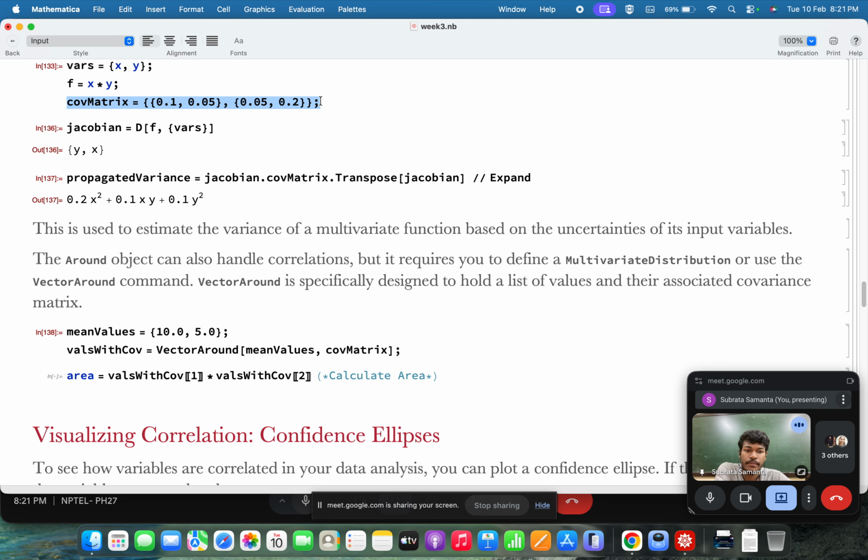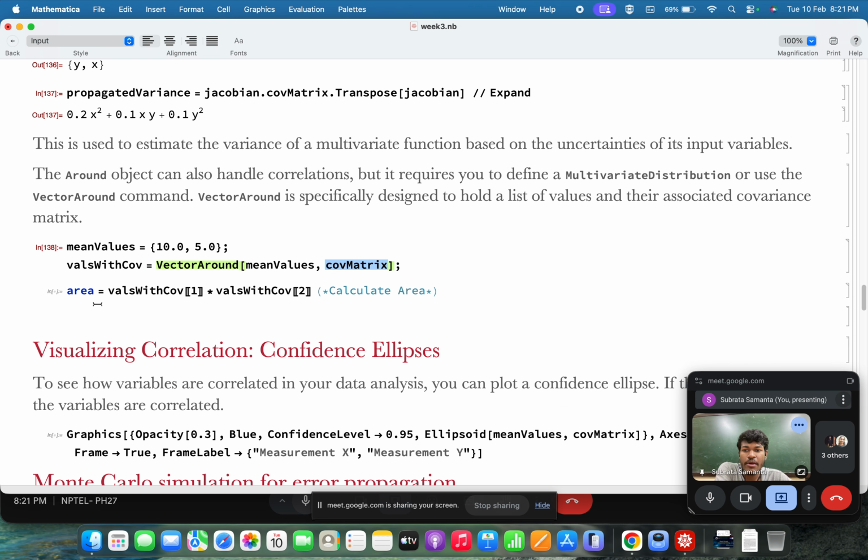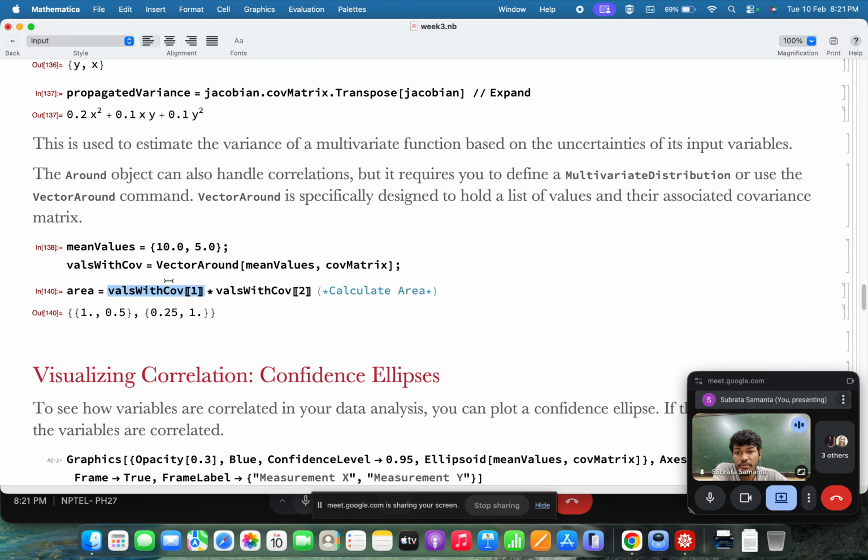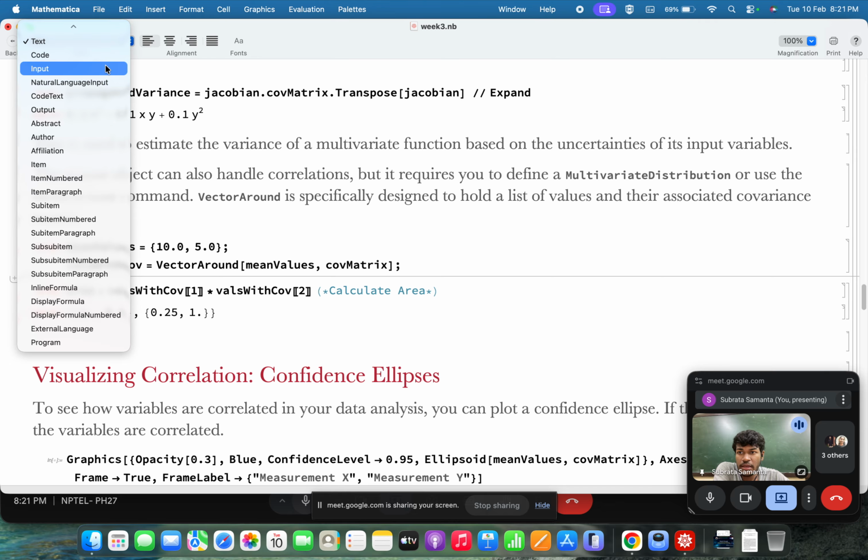So, I already assigned the covariance matrix here, so I use these correlations here. Now, I calculate the area. This is basically the values with covariance, the first one and the second component. So, you can see the calculated area is again in the covariance form. You can just quickly check what this is. This is your first element in the matrix.